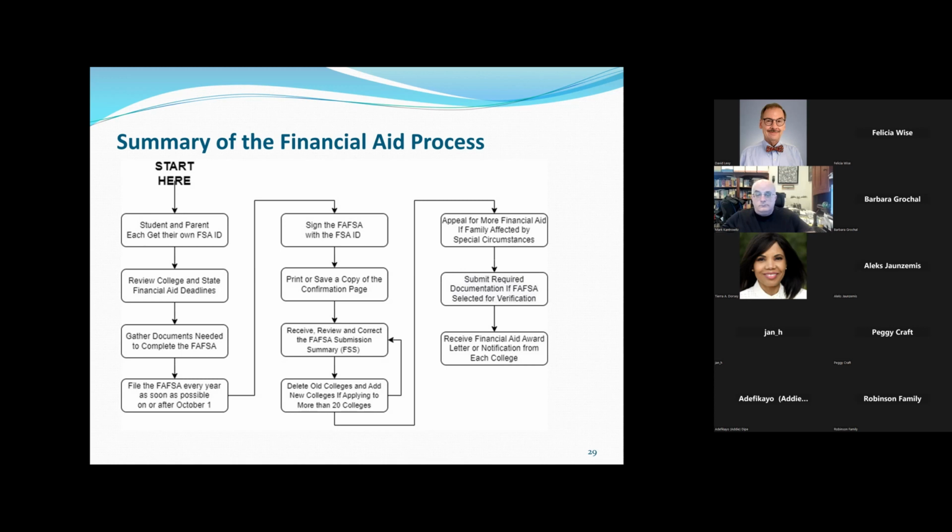Once each school receives the electronic FAFSA submission summary and all other required financial aid forms and confirms the student's admission status, the financial aid office will determine the student's financial aid eligibility.